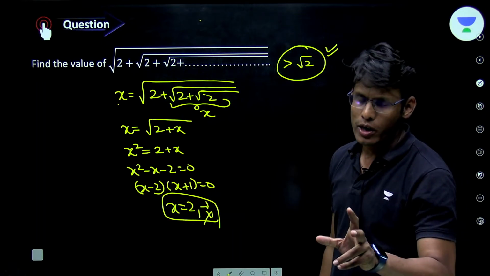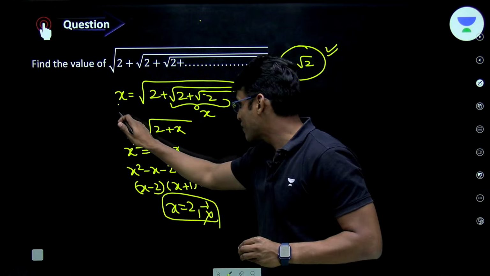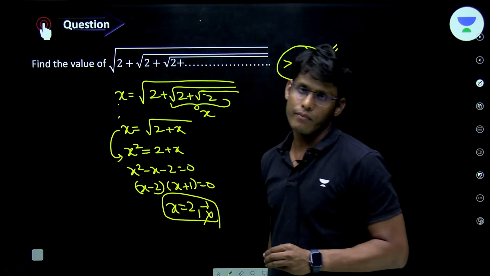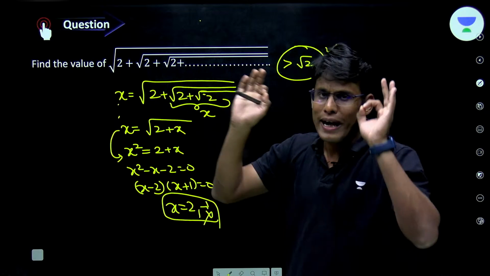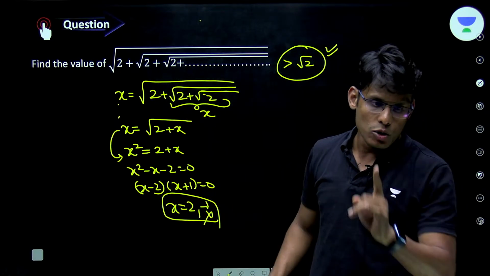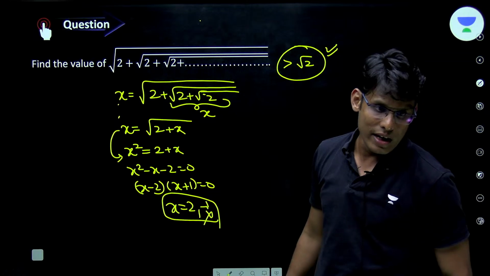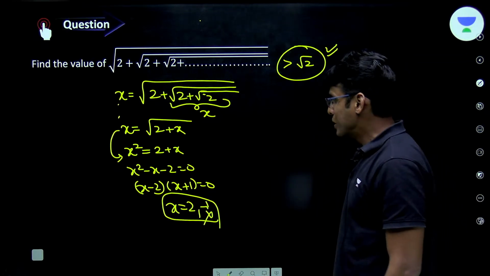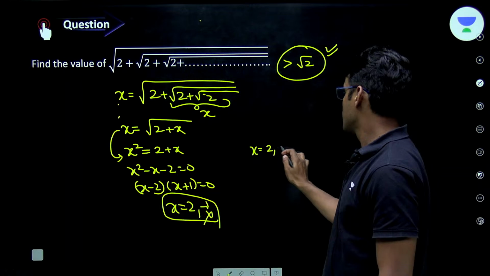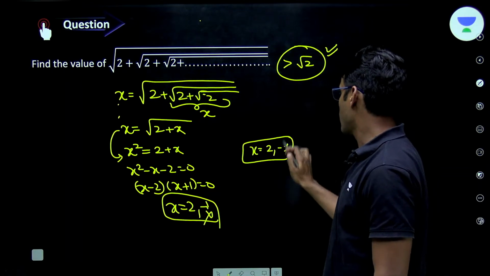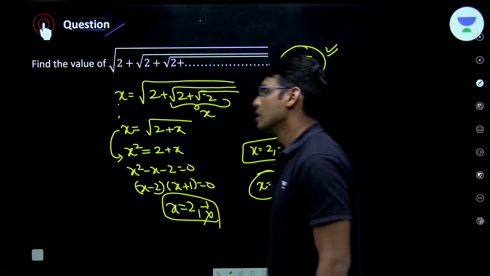This is a very, very important point while solving the equation. When we square, which we have done in this step, we tend to get extra solutions. Please note it down. This is very important. You tend to get extra solutions. So, x is equal to 2 and minus 1. This is rejected. X equal to 2 is the only solution.